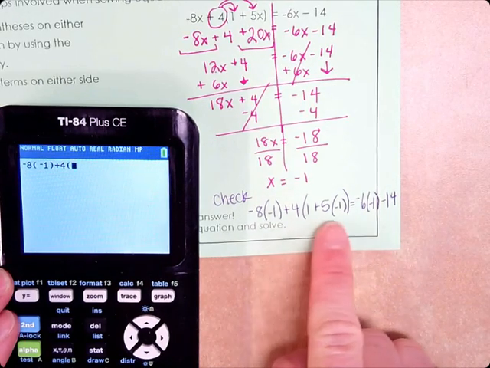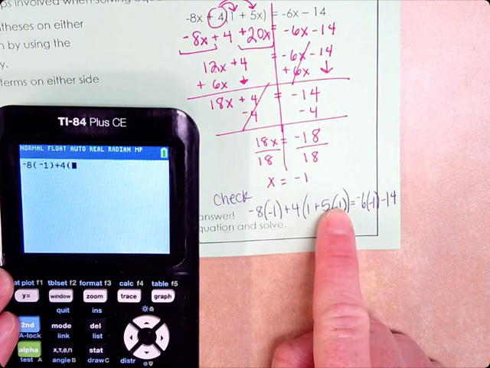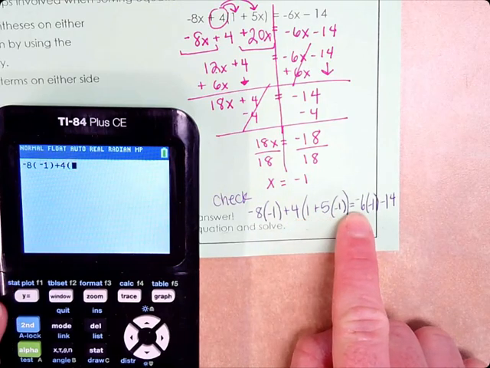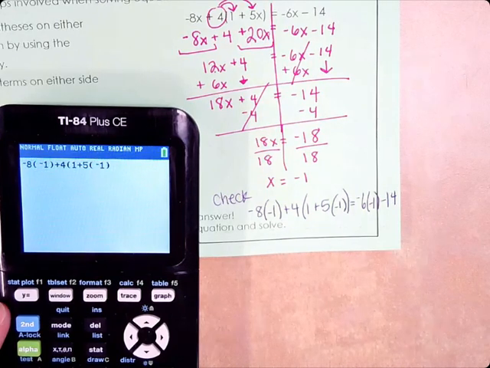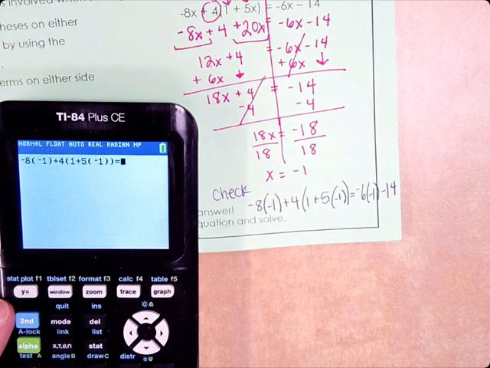Be careful with these parentheses. Make sure you close them out. So that negative 1 is the x value, and I put it in parentheses. And then this, the 1 plus 5x, is in parentheses. And then the equal sign.